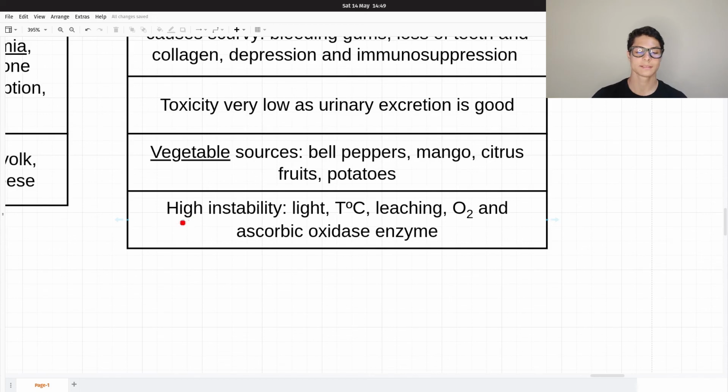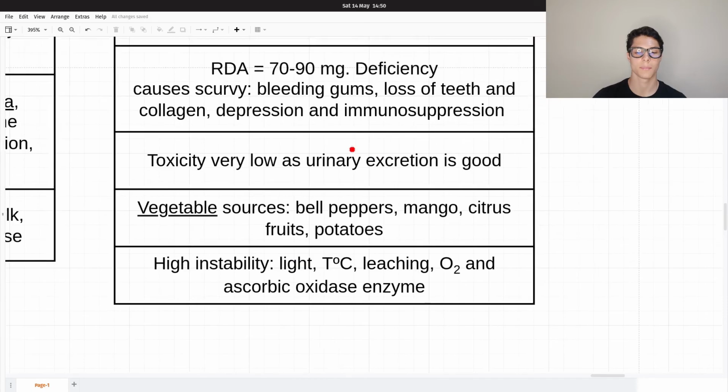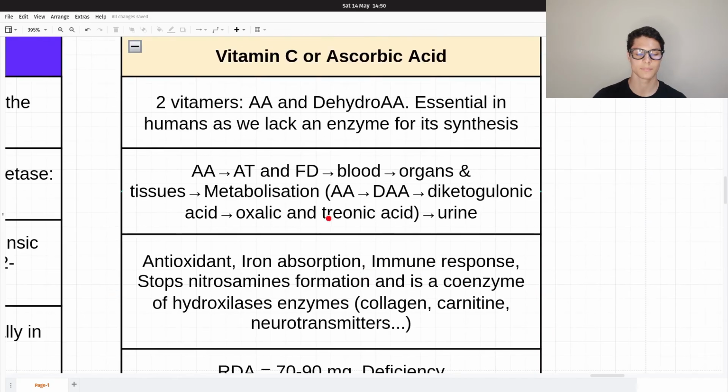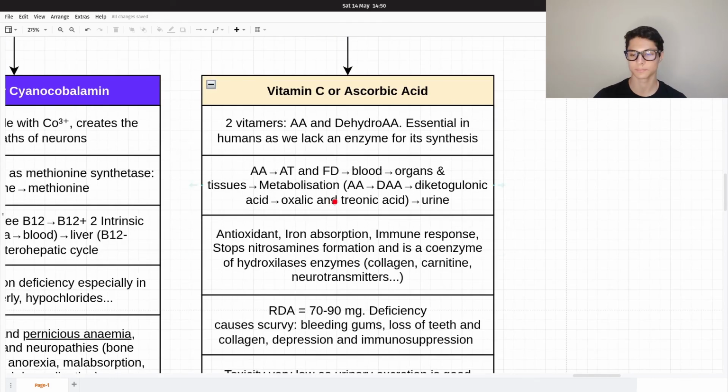And this vitamin is not stable at all, because light can affect it, temperature, leaching, oxygen, and ascorbic oxidase enzyme. They all affect this vitamin, and they can oxidize it to dehydroascorbic acid and metabolize it, as it says here, to oxalic and threonic acid, and lose eventually the vitamin.